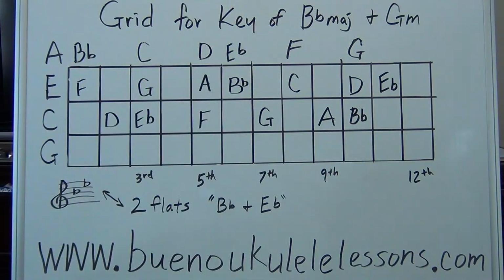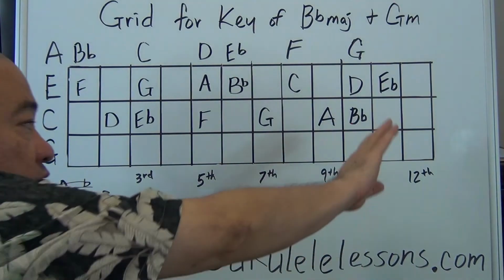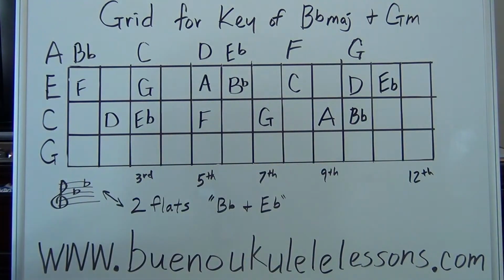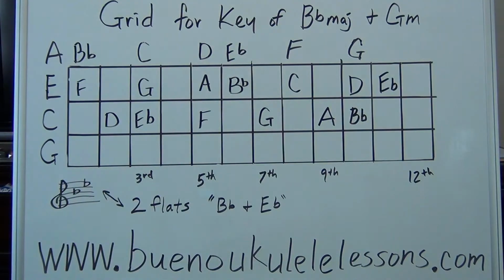Now keep in mind I did leave out the top G string and I didn't go too far down here because not everybody has 12, 13, or 14 frets. I know tenors have that many frets, so if you have a tenor ukulele, you can totally utilize this entire grid. Getting back to the high G string, it doesn't work in accordance with the scale pattern that goes from low to high.